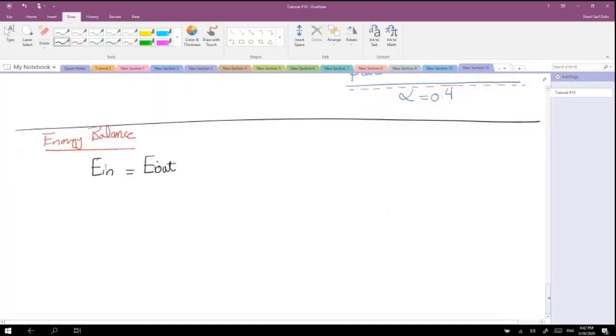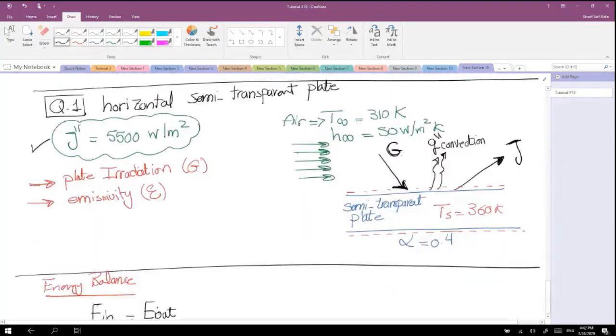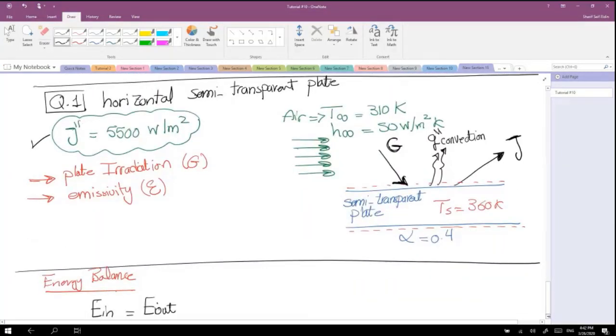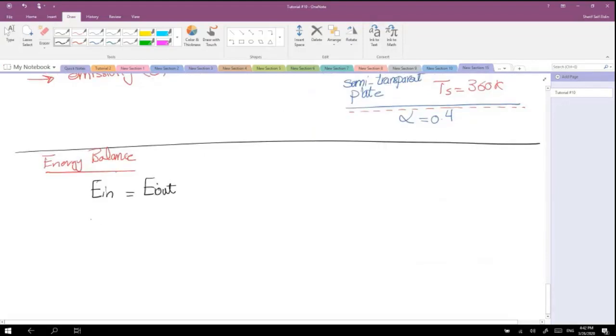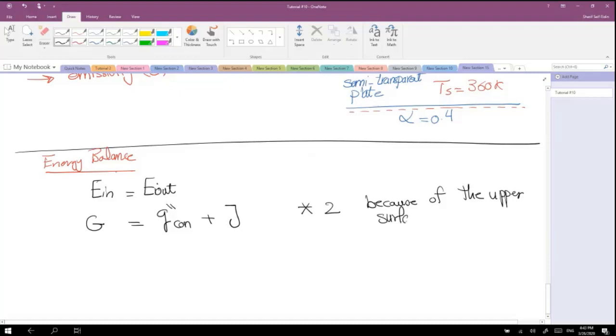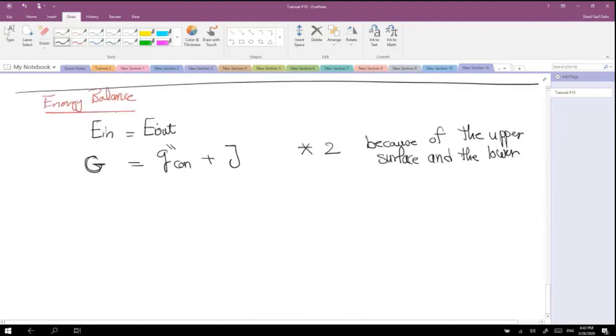The energy in here is going to be G, and energy out is going to be Q convection plus J. And this should be multiplied by 2 because of the upper surface and the lower surface. As long as 2 is multiplied by all of the terms, we can cancel it immediately.